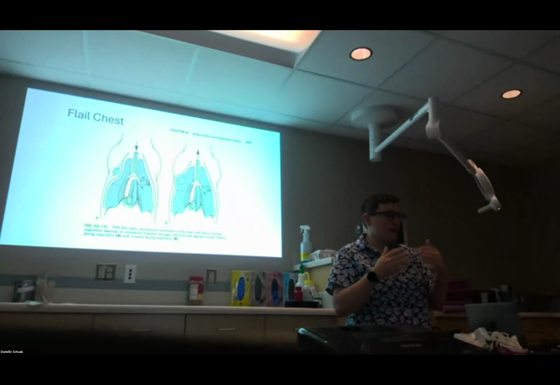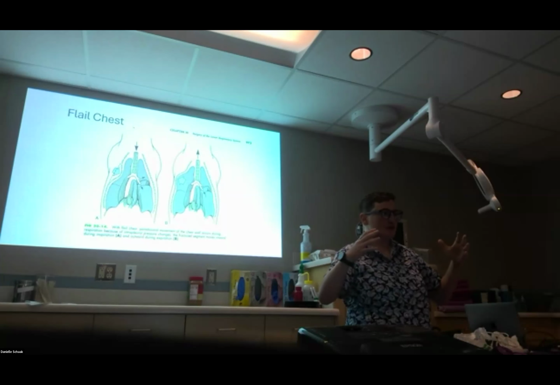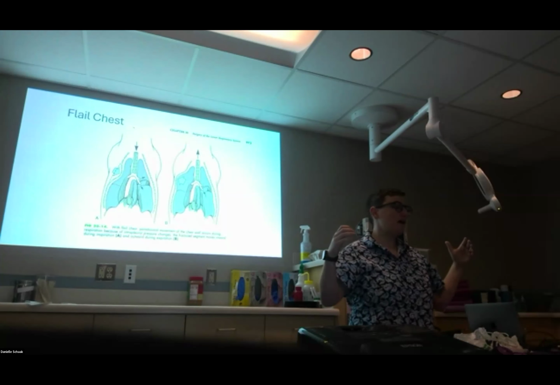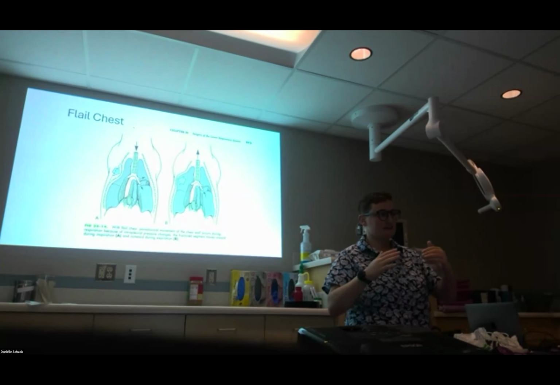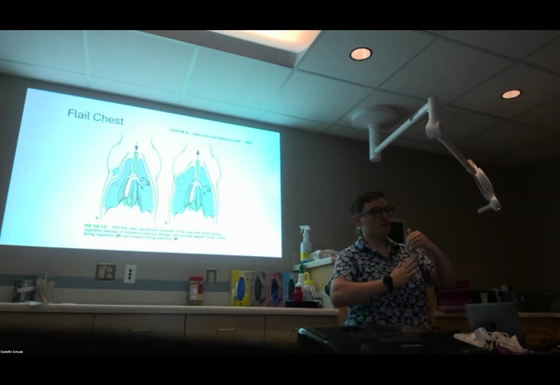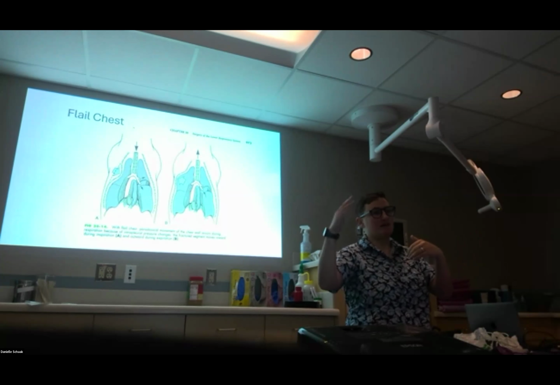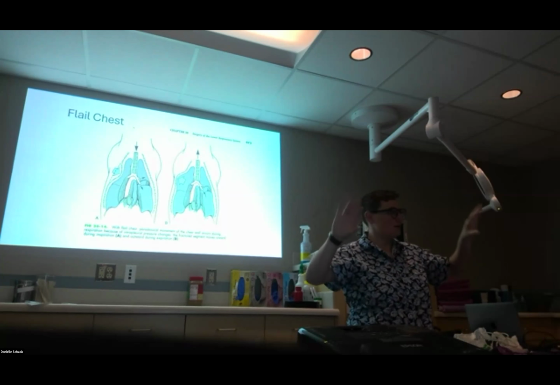And that causes, during inspiration, where all of those muscles are trying to contract and move the chest wall out, because that chest wall is no longer intact, the portion of it that is broken moves in with the lungs. Basically, it's staying put. And then when they move out, it pouches out because the lungs are being pushed back out.